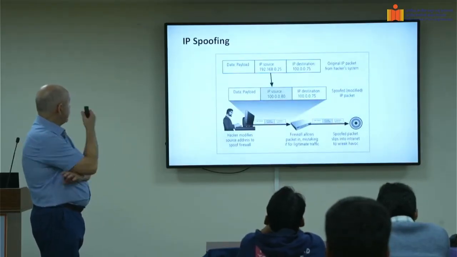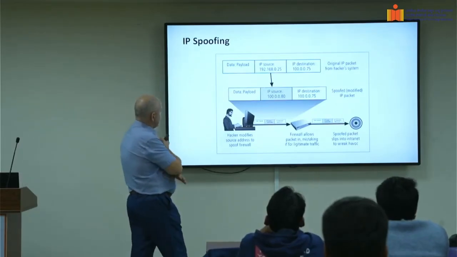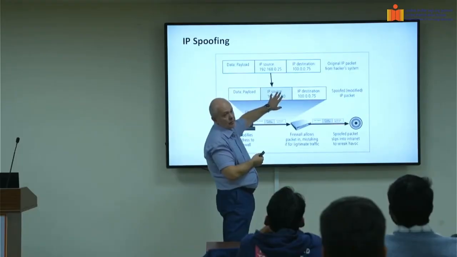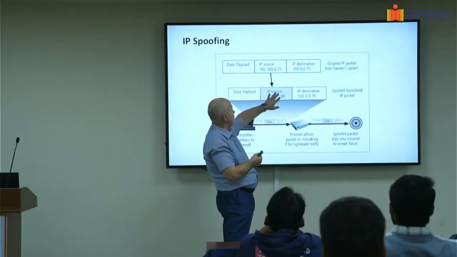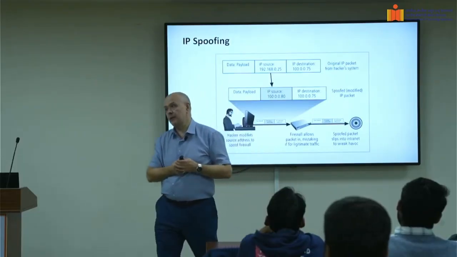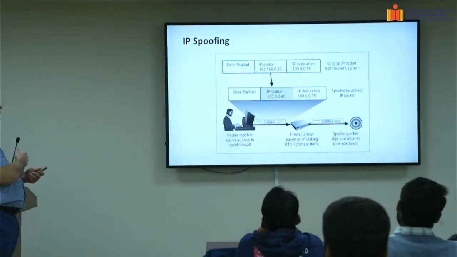And spoofing is the attack where we change, for example, the IP source. We include an IP source which would not be blocked by firewalls, so it could go into the network through these firewalls.